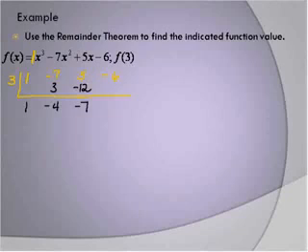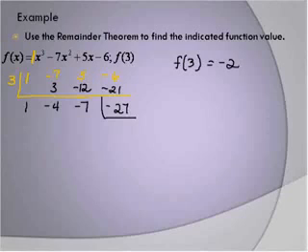Again, multiply 3 times -7 and place that under the -6 coefficient. 3 times -7 gives us -21, and we get a remainder of -27. So that means that f of 3 is equal to -27.